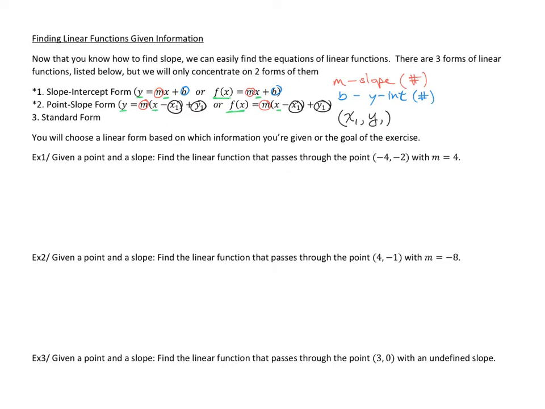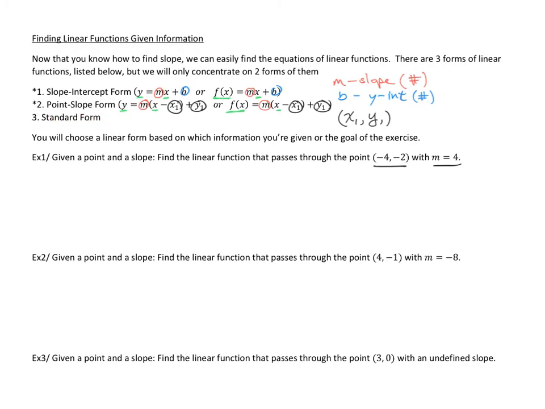Okay, so we have this first scenario: given a point and a slope. So we know that we will be given an ordered pair and a slope. Well, if you know the point and the slope, chances are you will want to use the point slope form.